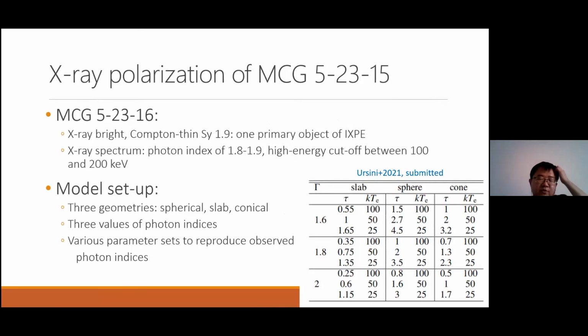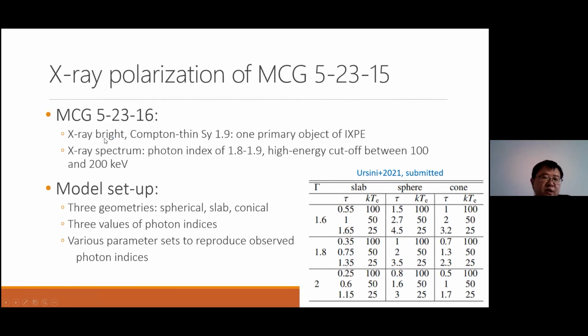So that was for the black hole binaries, and now I will talk about the AGN. In a submitted paper led by Francesco Rossini, we modeled the X-ray polarization of this AGN, MCG 5-23-16. So why this one?